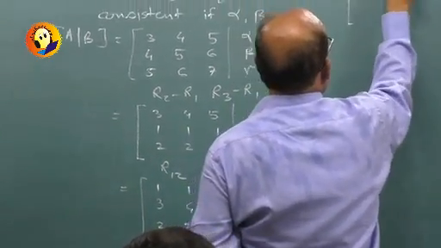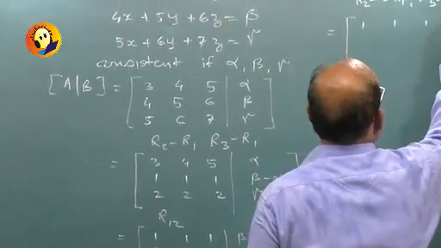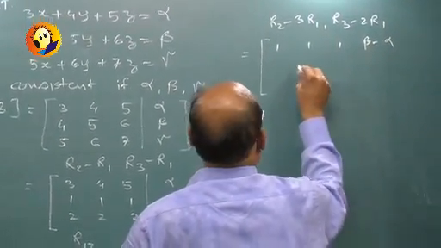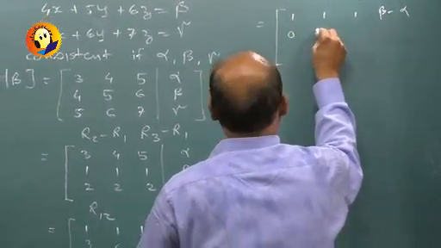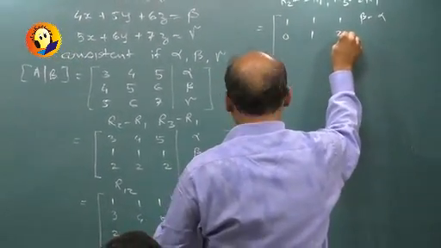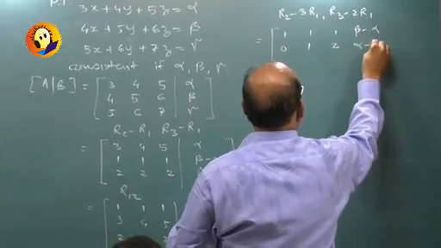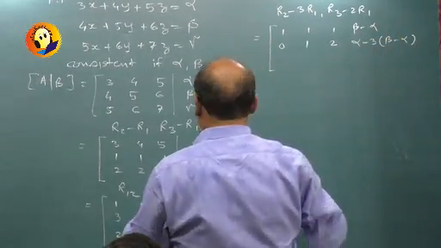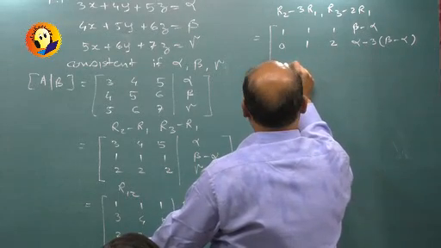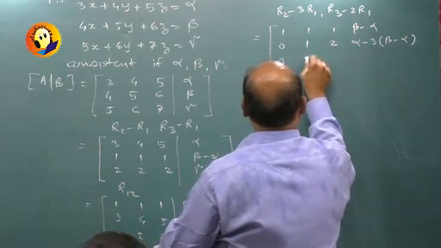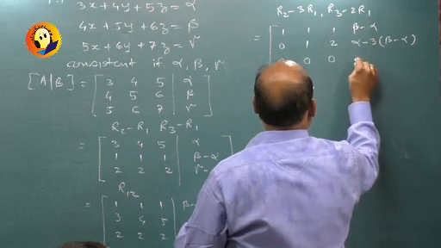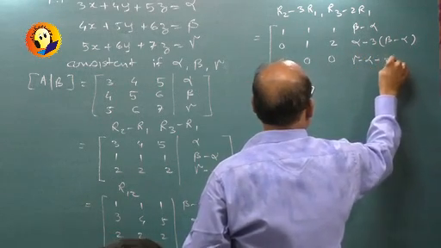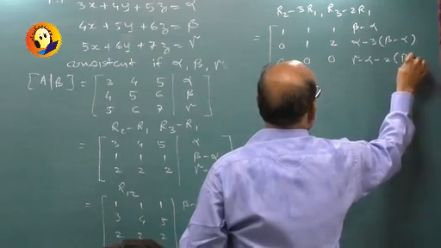So it is 1, 1, 1, beta minus alpha. Subtracting 3 times, this will be 0, this will be 1, this will be 2, and alpha minus 3 times beta minus alpha. We will calculate it later. Subtract it twice, so this is 0, 0, 0, gamma minus alpha minus 2 times beta minus alpha.